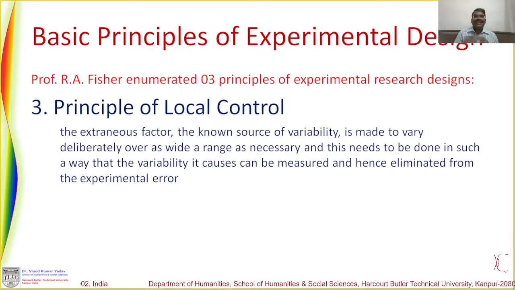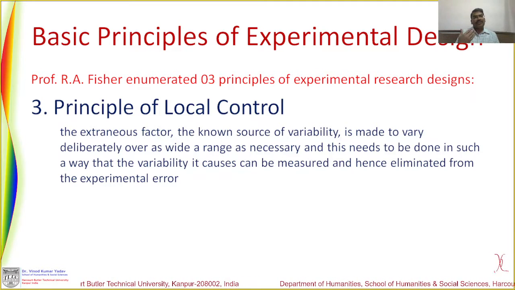So if you know that the average per capita income of the Swarupnagar market is, for example, 1 lakh rupees per family, and the per capita income of the Barra area is 60,000, you can very easily measure to what extent this extraneous factor will have an impact on the cause relationship.